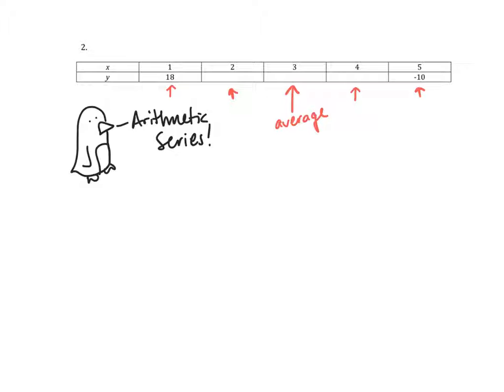So what I would love for you to do is to pause this and see, are you cool with using the averages? Do you think the average method works? Go ahead and give it a try, and then come back and show me what you have for step 3. So pause, find step 3, you can use the average, or if you want to use something else, but see if you can find that middle step for me, and then come back.